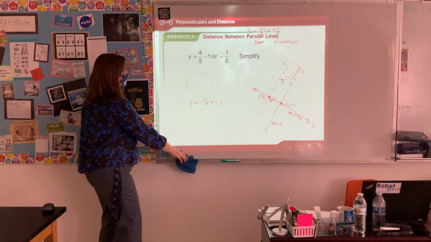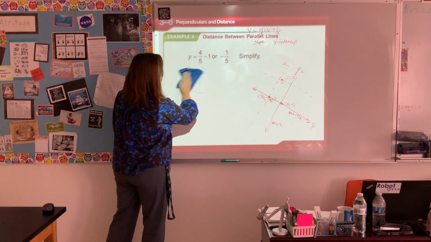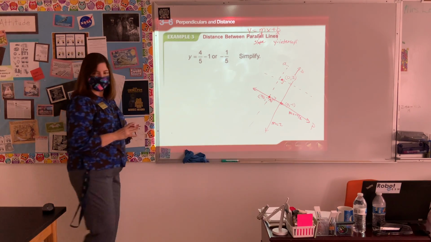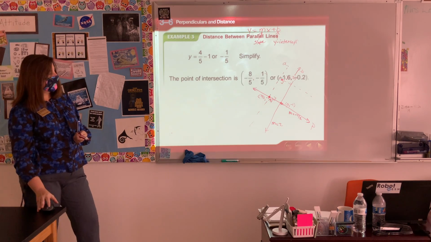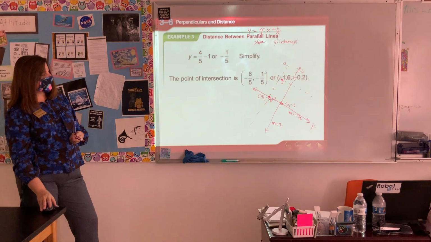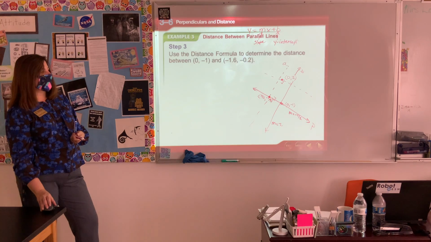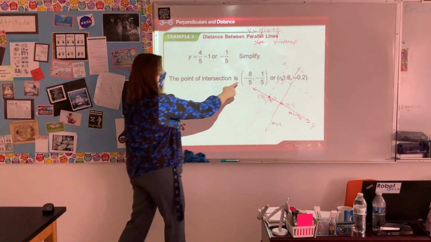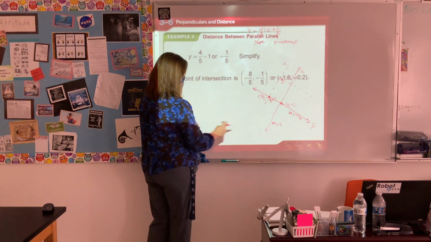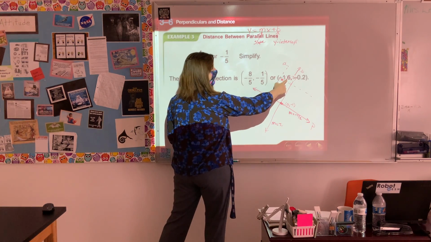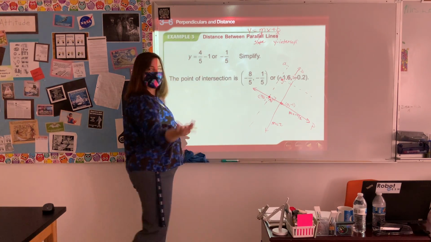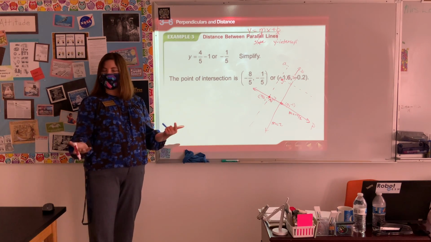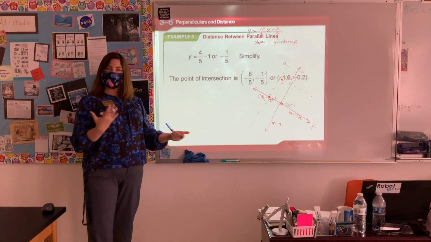So to do that, I need to use one more formula. Distance equals, oh, and sorry, let me backtrack just slightly. Even though I kept it this way, it might be more comfortable for you to take those and convert them to decimals. They're the same thing, it's just a different form, whether it's fraction or decimal.